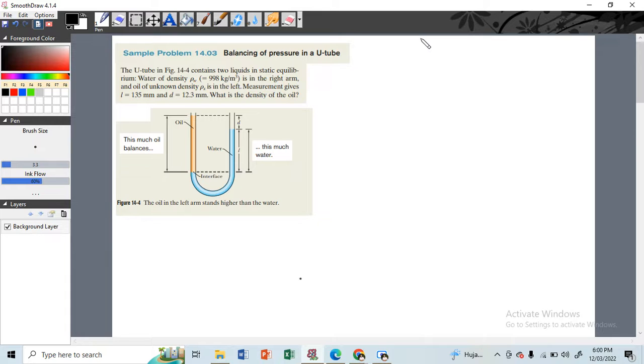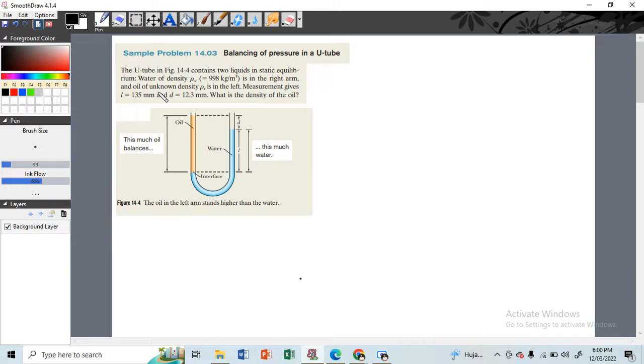The question is: the U-tube in figure 14.4. This is the figure, which contains two liquids in static equilibrium. The density of the water is 998 kilograms per cubic meter, and it is in the right arm. So this is water, this is oil.